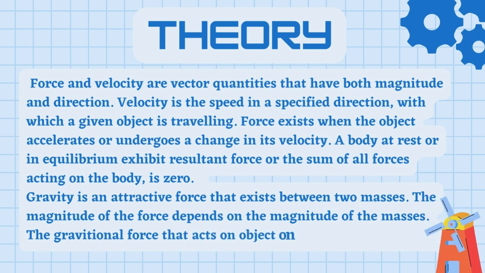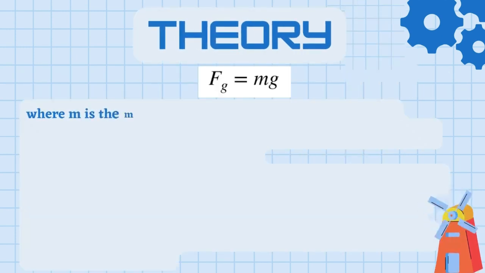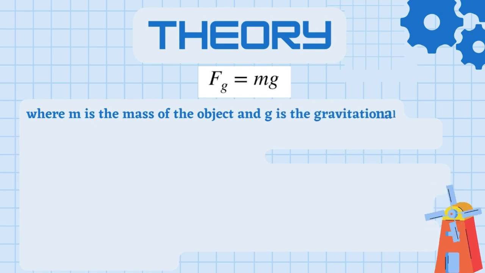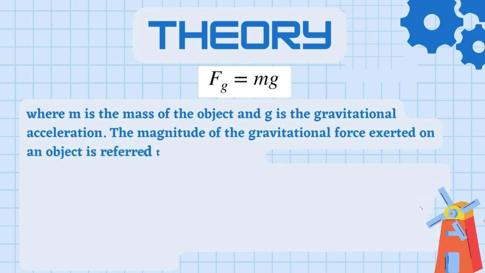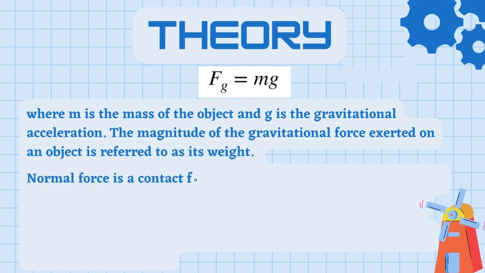The gravitational force that acts on an object on Earth is approximately Fg equal to mg, where m is the mass of the object and g is the gravitational acceleration. The magnitude of the gravitational force exerted on an object is referred to as its weight.